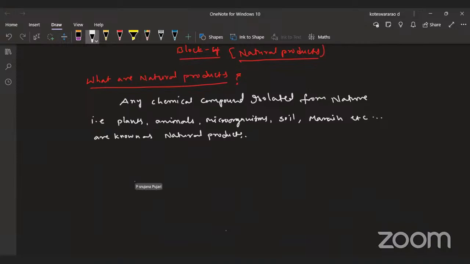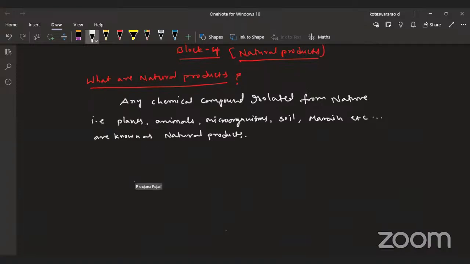If a product has poor physiological activity, by modifying that naturally occurring substance into new compounds, we can improve the physiological activity. Based on that, we can introduce new drugs in the market. Due to that reason, natural products have so much importance. The chemical compounds obtained and isolated from nature, like plants, animals, microorganisms, marine species, or soil, are termed natural products.